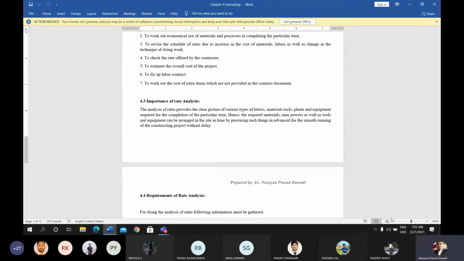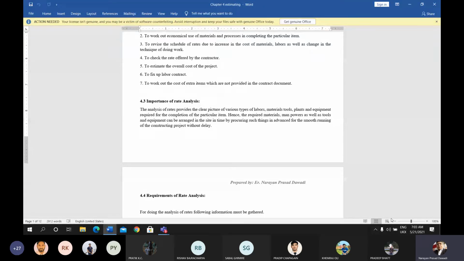That's why rate analysis is very important, so that work should not be stopped for lack of material, manpower, or tools, plants, and equipment at the site. That's why we can procure the required quantity of materials, the required types of manpower, and the required tools, plants, and equipment.